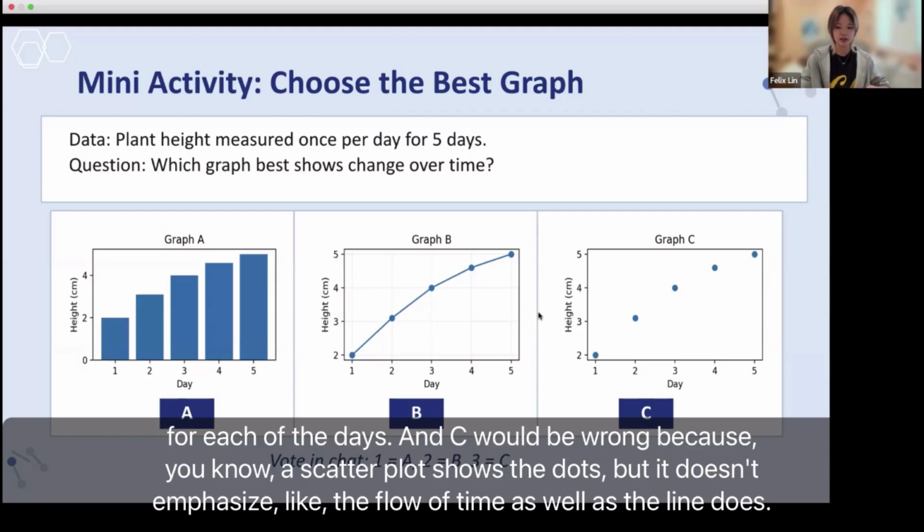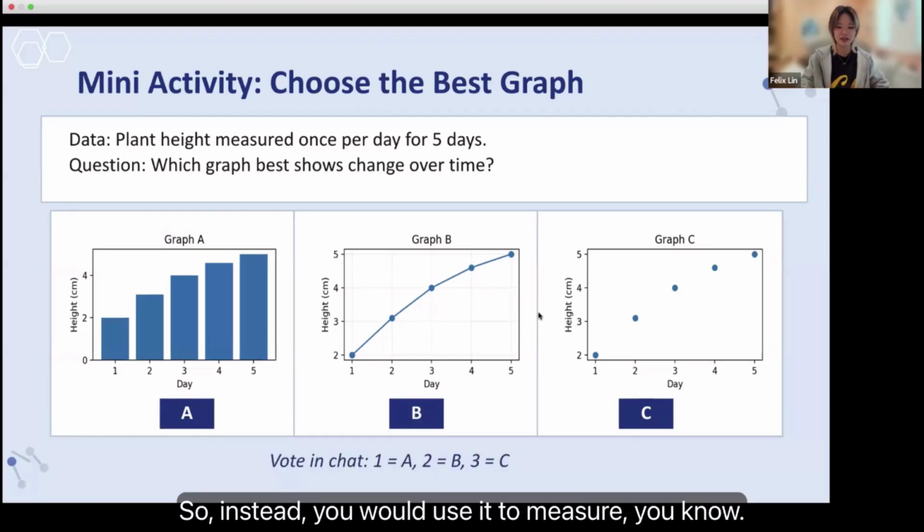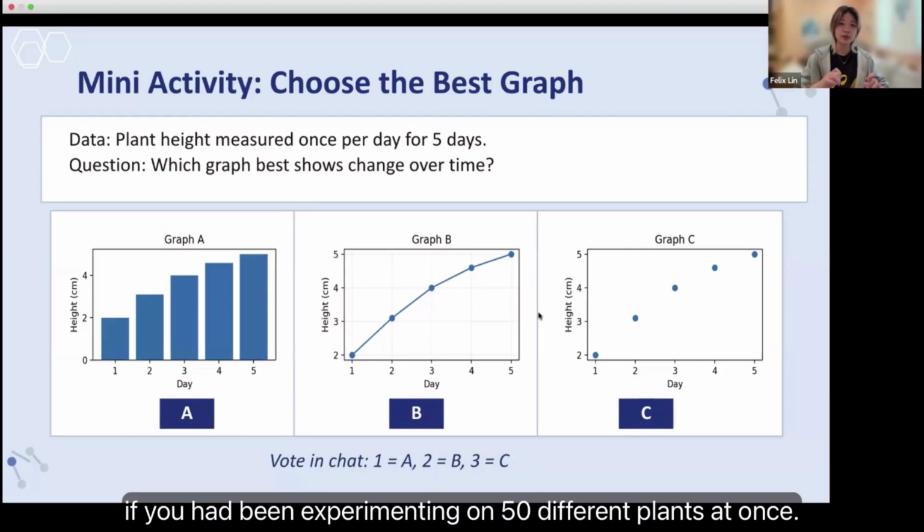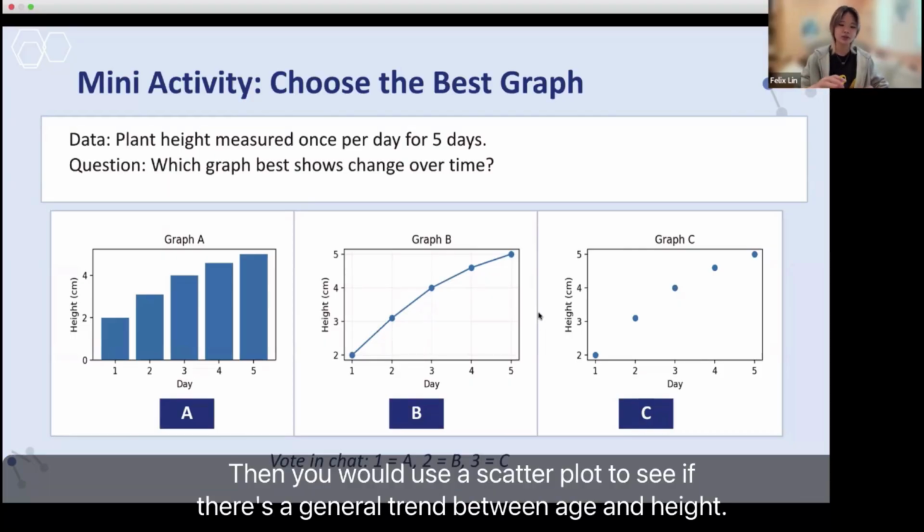And C would be wrong because a scatter plot shows the dots, but it doesn't emphasize the flow of time as well as the line does. So instead you would use it, if you had been experimenting on 50 different plants at once, to see if there's a general trend between age and height.